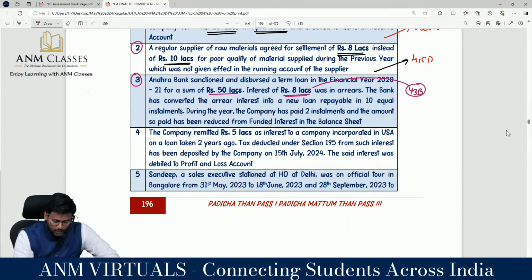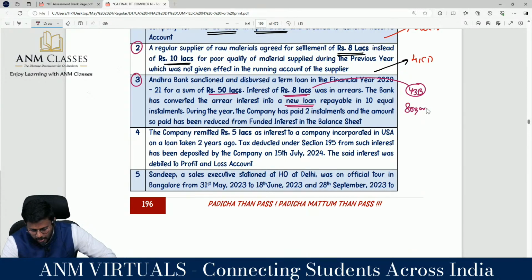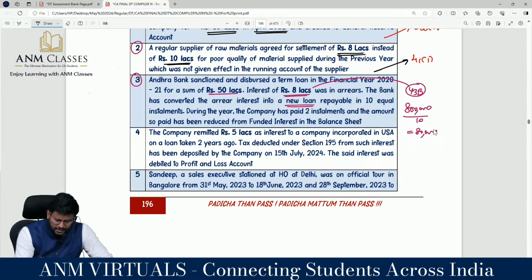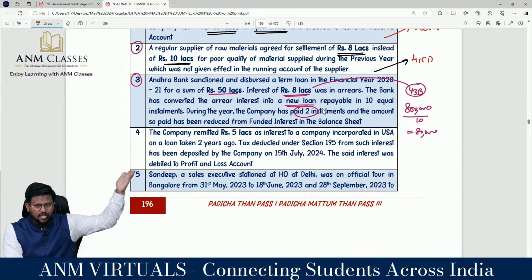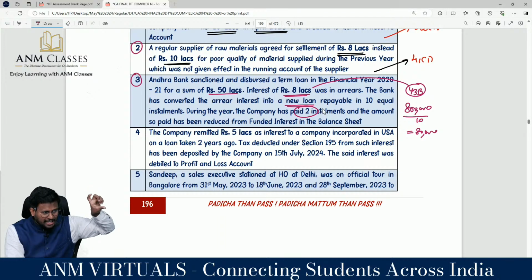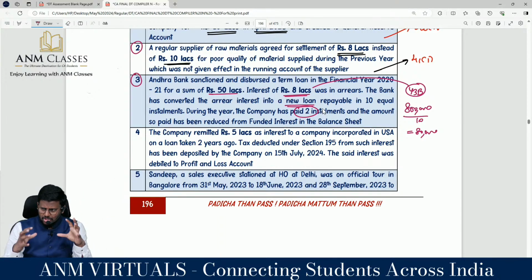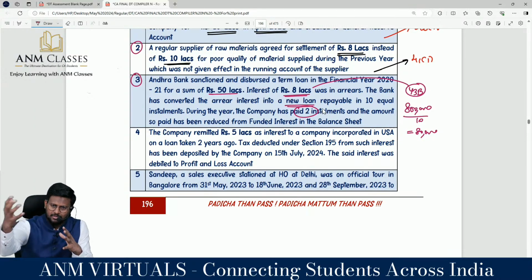The bank has converted the arrear interest into a new loan repayable in 10 equal installments. So 8 lakhs divided by 10 comes to 80,000 per installment. During the year, the company has paid 2 installments, and the amount so paid was reduced from the funded interest in the balance sheet. That means it was adjusted in the balance sheet and not adjusted in the P&L. In the year in which they have not paid the interest, the 8 lakhs would have been added back.